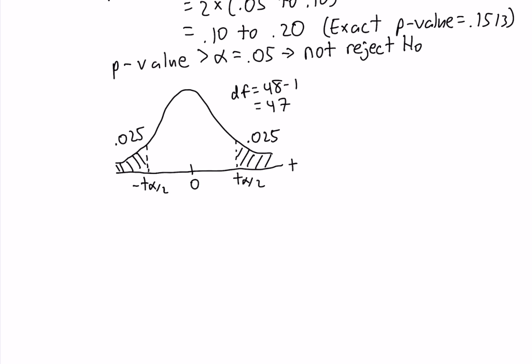Now, since the t-table gives us the area to the right, we want to find the positive critical value, t alpha half. So let's look for the t value that gives an area of 0.025 under a t distribution with 47 degrees of freedom. Okay, so we want to match up 47 degrees of freedom with an area in the upper tail of 0.025.